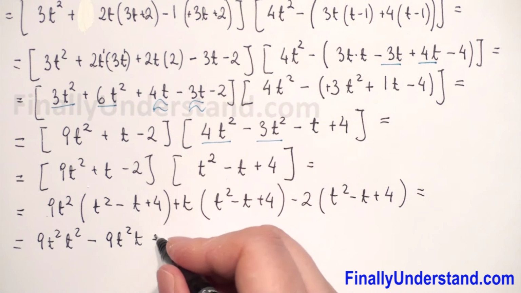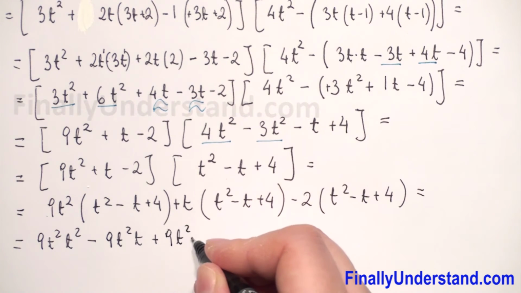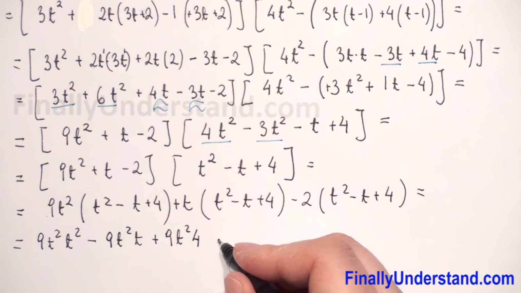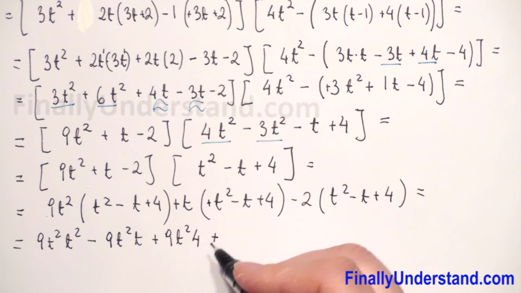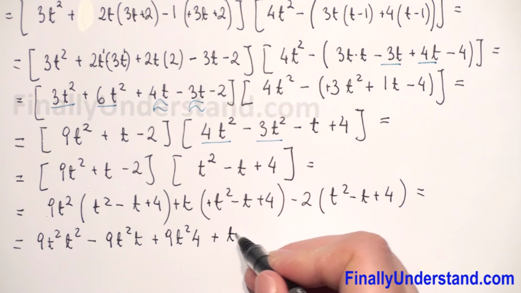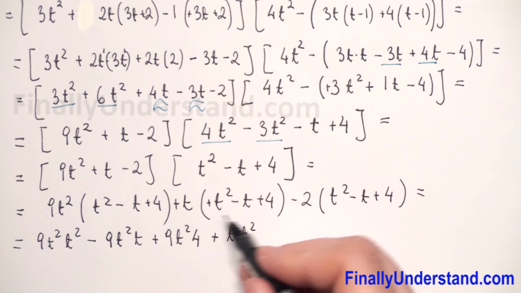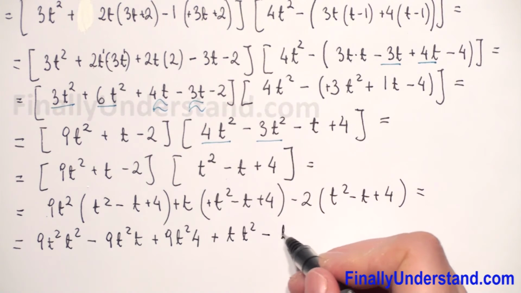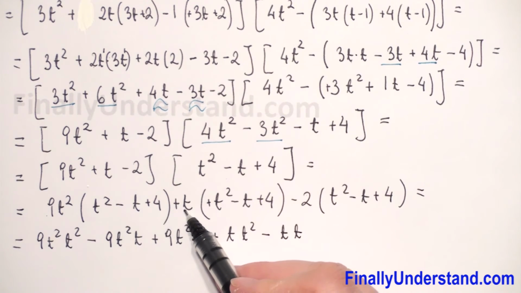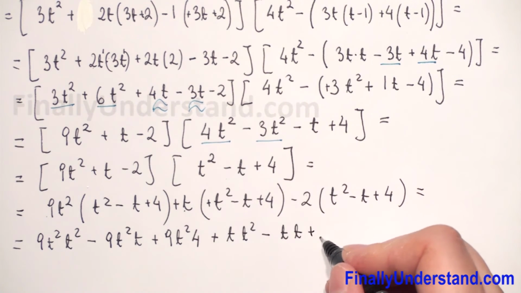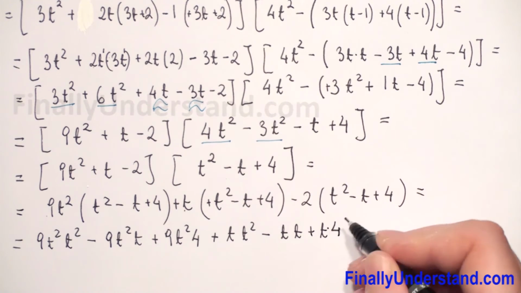Positive times positive, so it will be positive 9t squared times 4. And now we have positive and invisible positive, so t times t squared. Positive and negative give me negative. We have t times t. Positive and positive, so it will be positive t times 4.